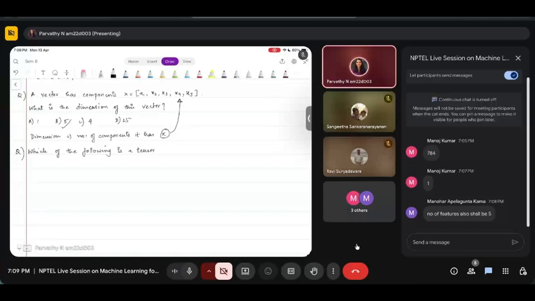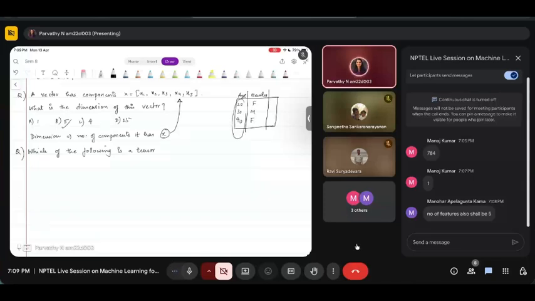What do you mean by number of features? So this vector corresponds to one feature. Suppose I have a data set where age, gender, etc. are the features, then 20, 30, 40, female, male, female.